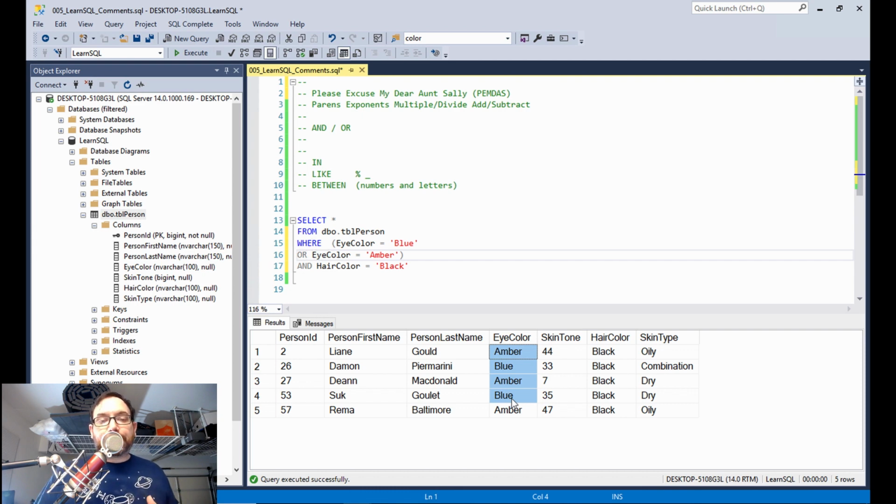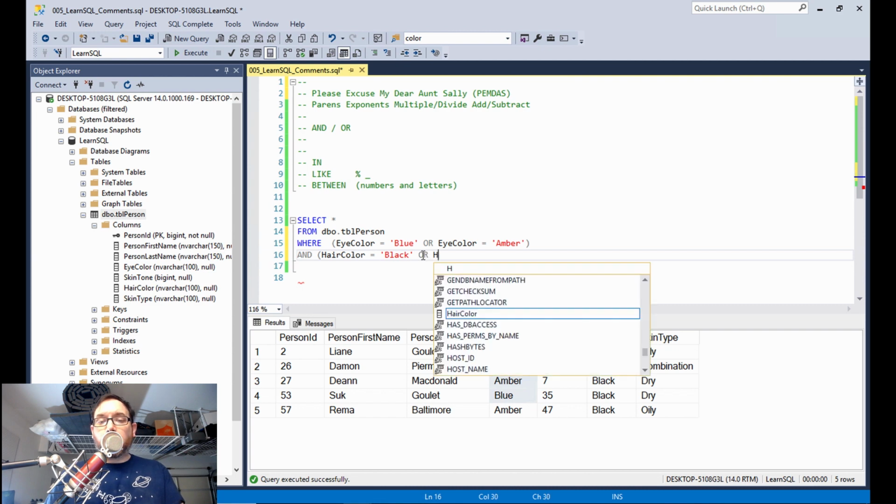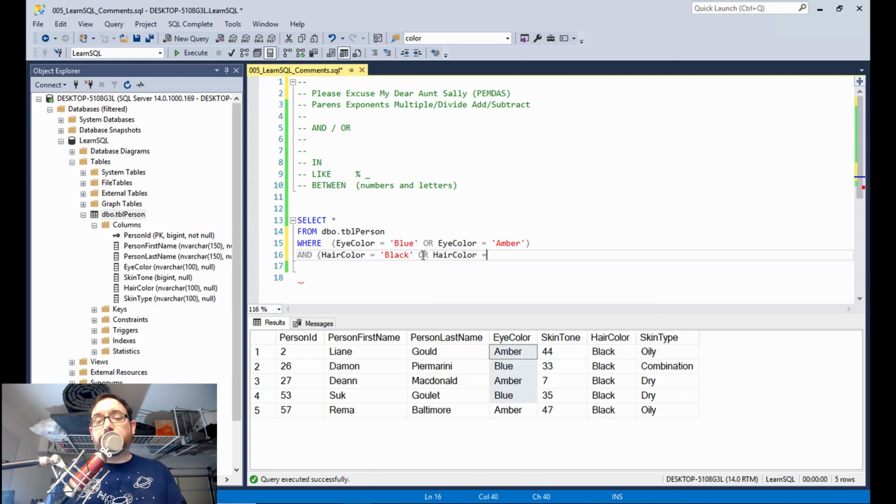So we have a question that we're looking for. Show me where people's eye color is blue or amber. Okay, that's one question. Let's wrap it in parentheses. We can even have it on one line if we so choose. And then we have another one. Maybe the hair color is black or is dyed.